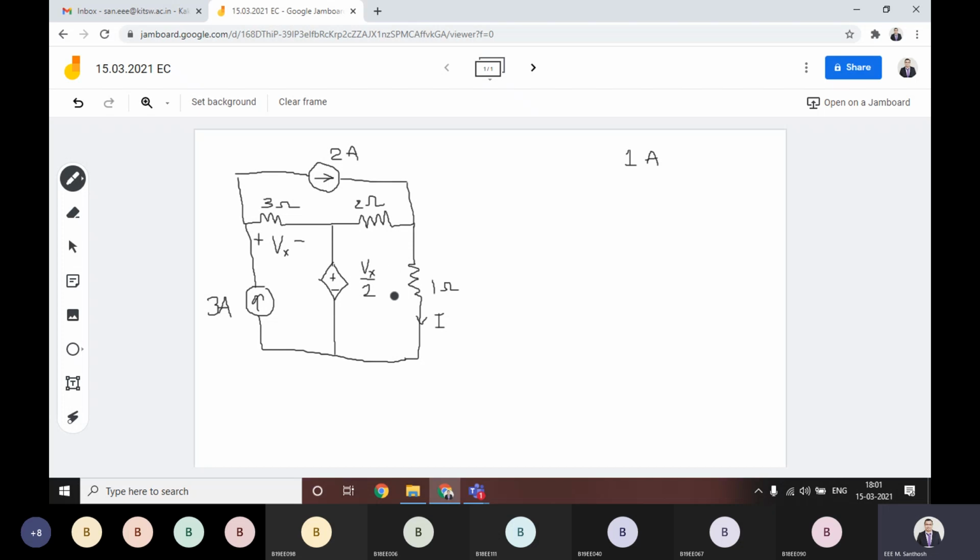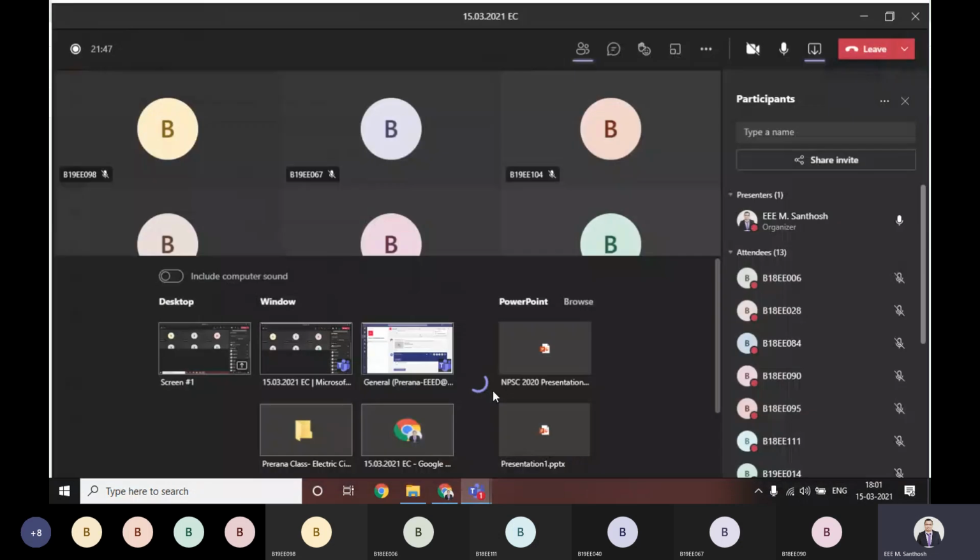Make sure this is one loop current, this is another loop current in here and here. She was telling 1 ampere. Is it correct? Anyone?